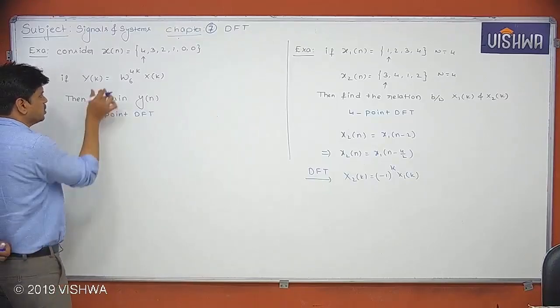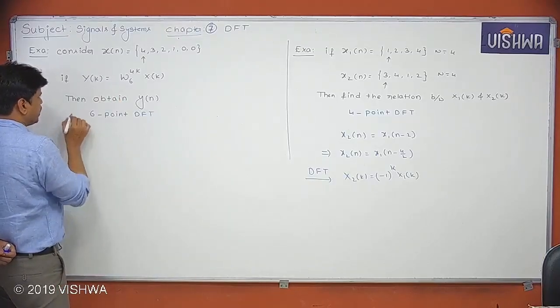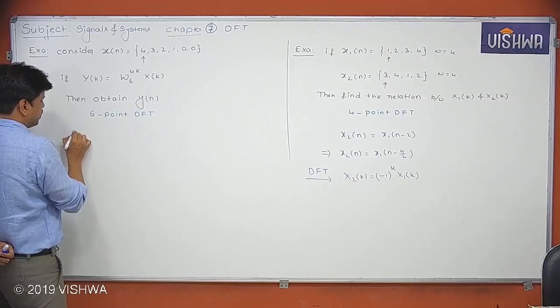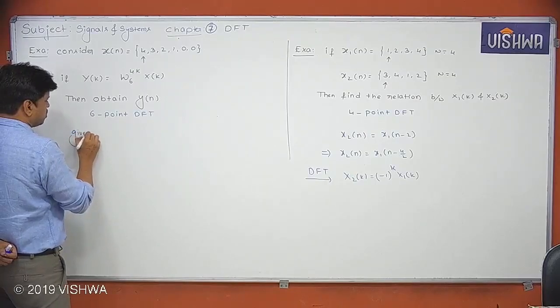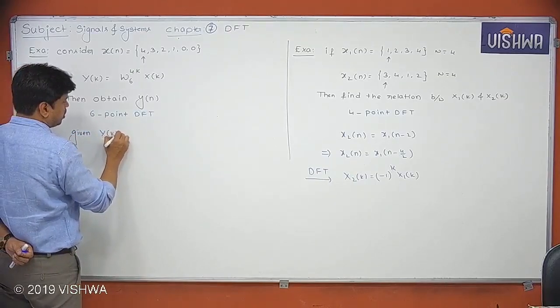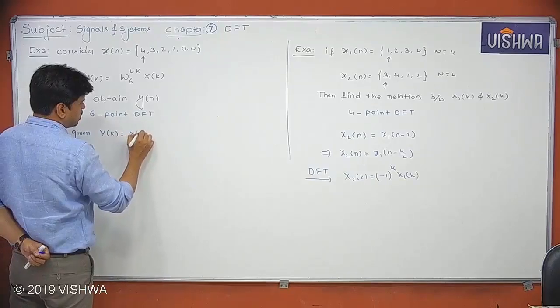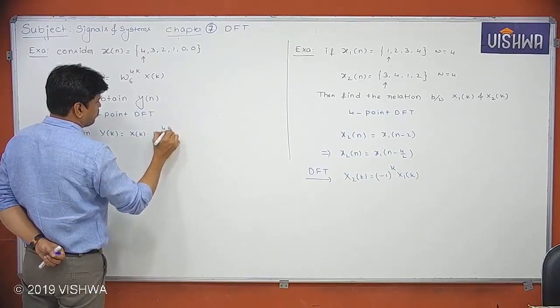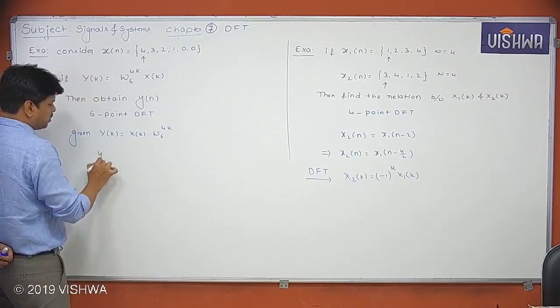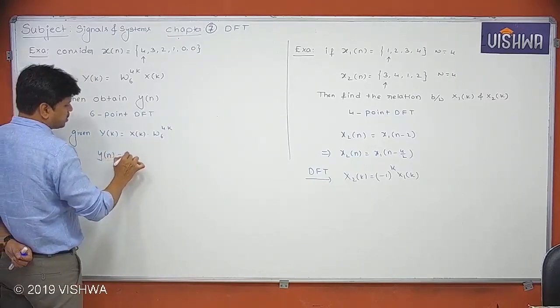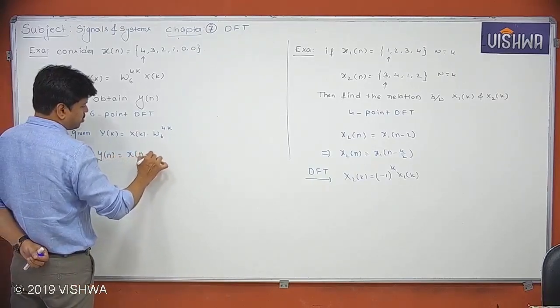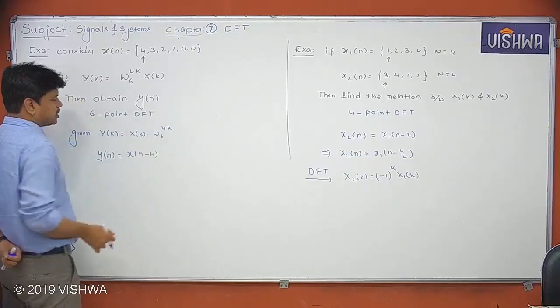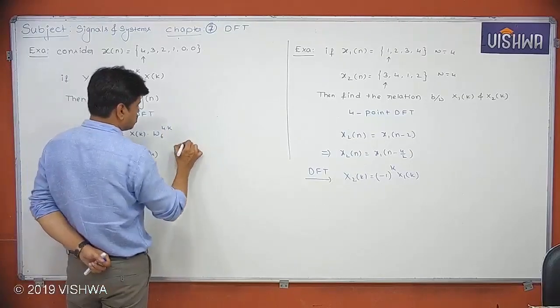If you see this relation, given y of k has the relation x of k multiplied with W6 power 4k. So what is y of n then? It is the same as x of n minus 4, because n naught is equal to 4.